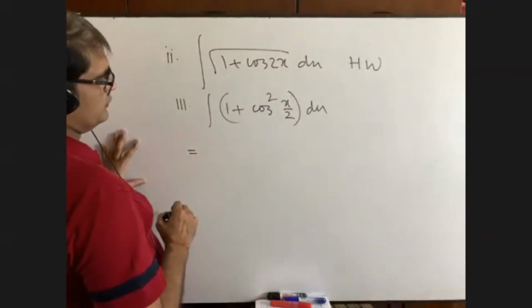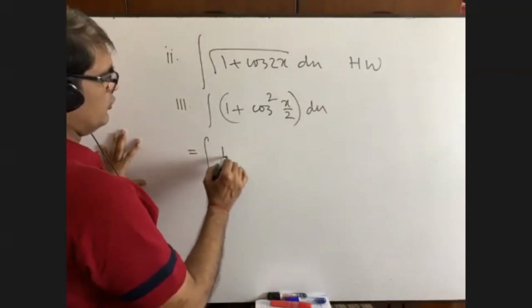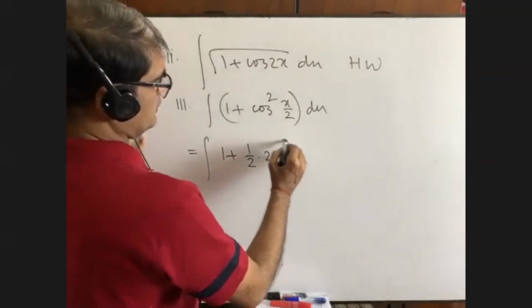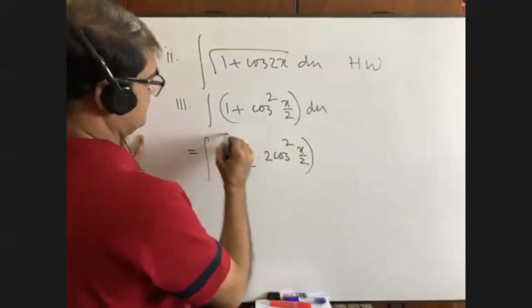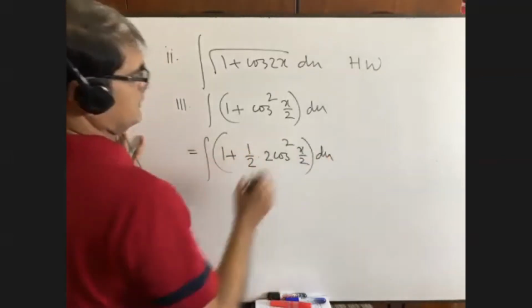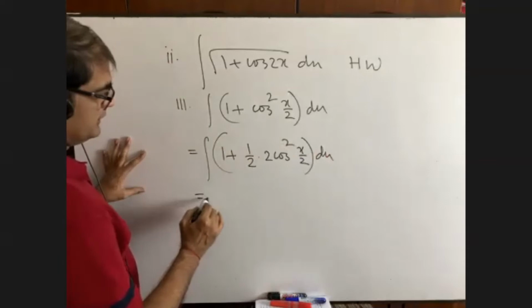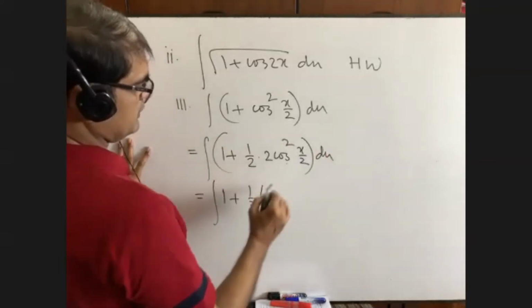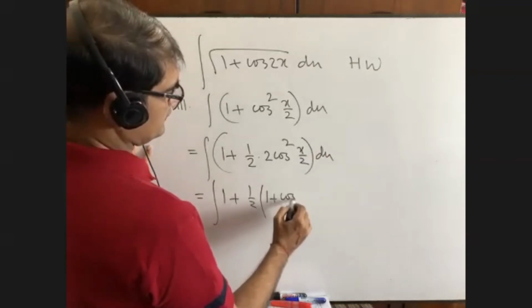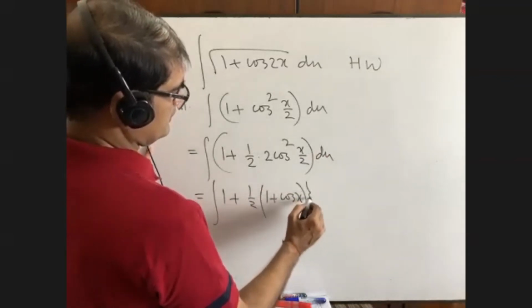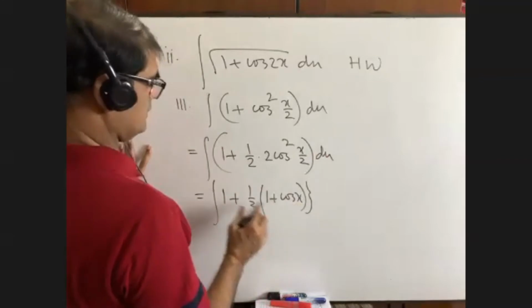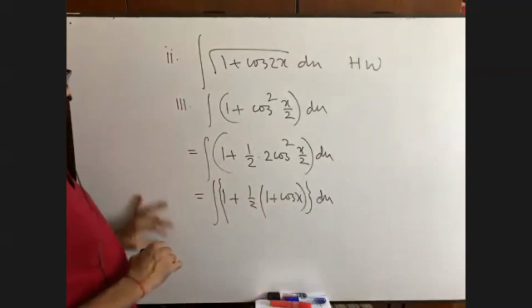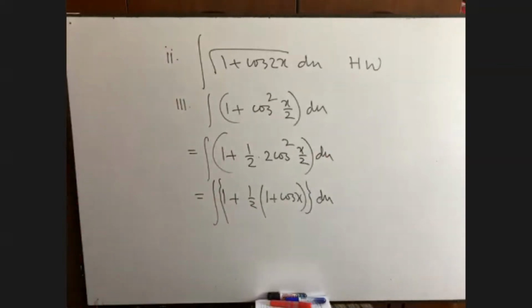We can do it like this: 1 plus half into 2 cos square x by 2, right? It is 1 plus half 1 plus cos x dx. Now you can do this math easily, right?